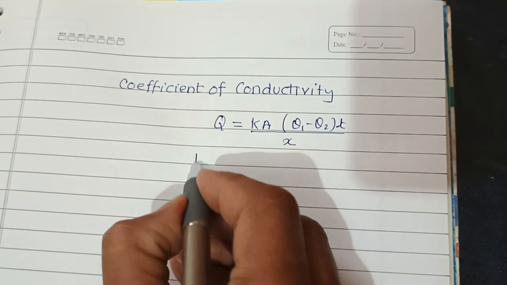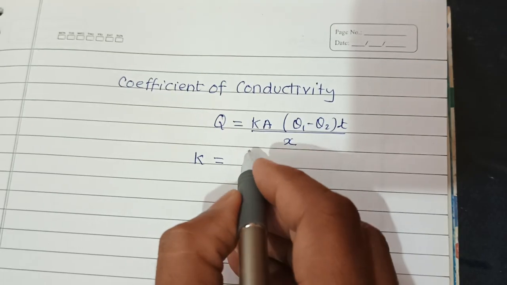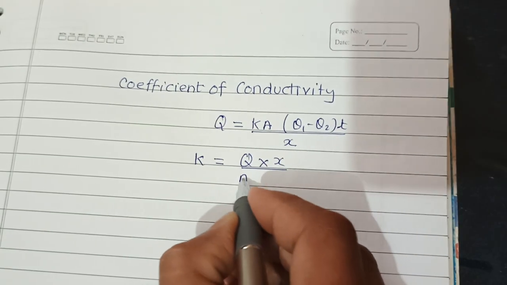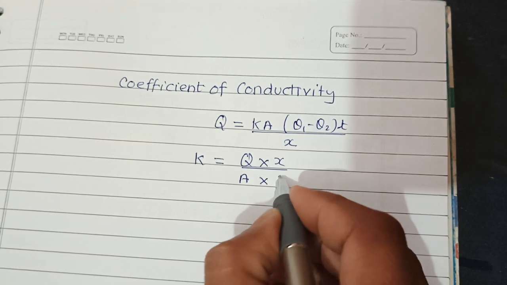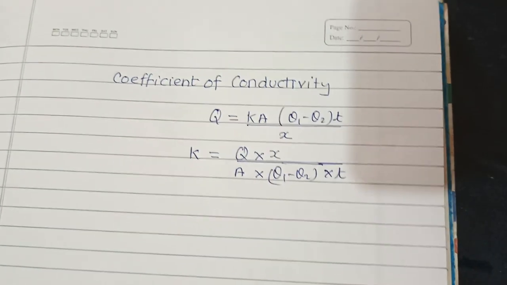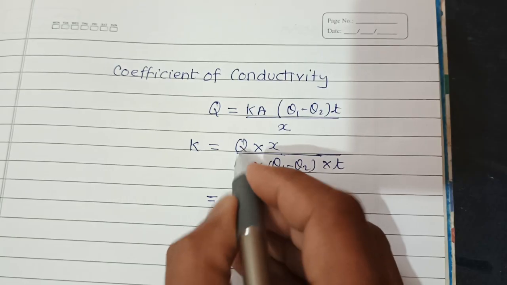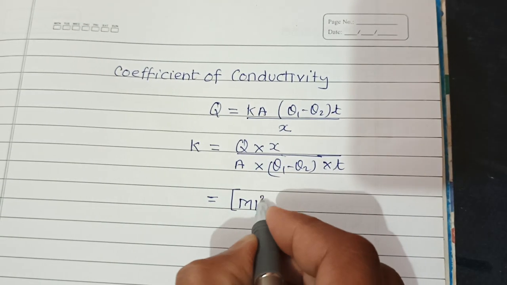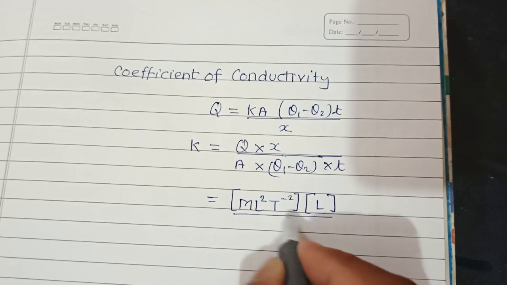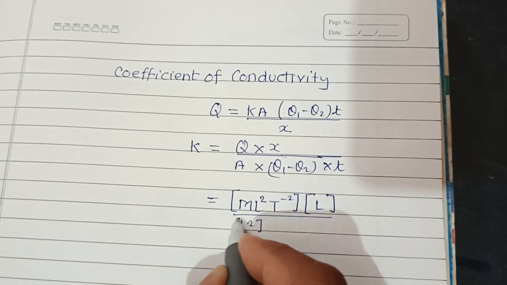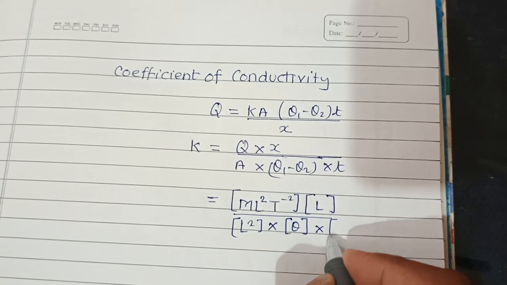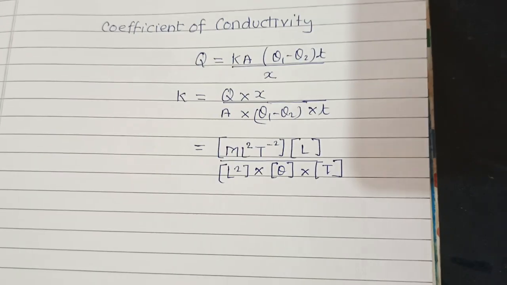So here K is Q into X upon A into theta 1 minus theta 2 into T. So K is, that is energy, so that is m l square T minus 2, that is distance L, that is area, so L square, that is temperature, so that is theta, and that is time, so that is T. Okay, so what we will get?